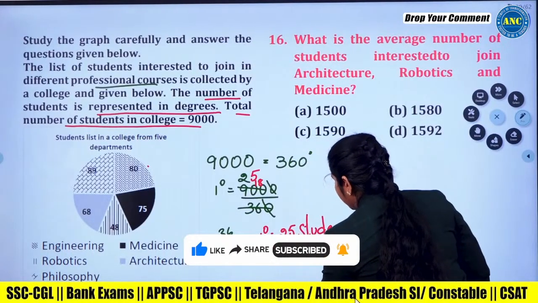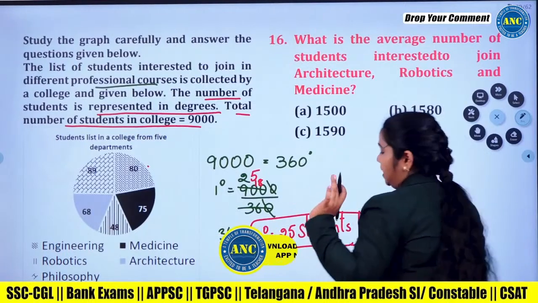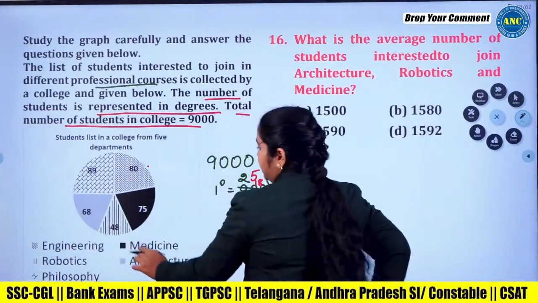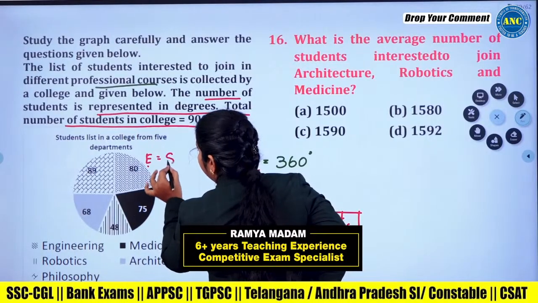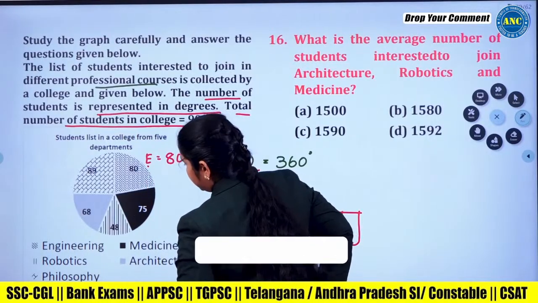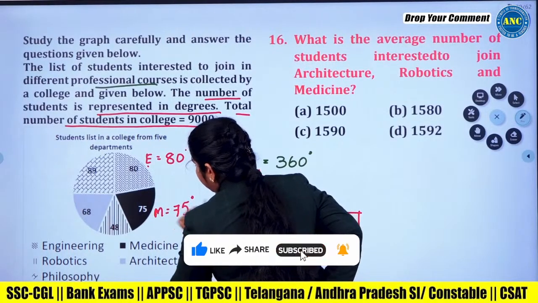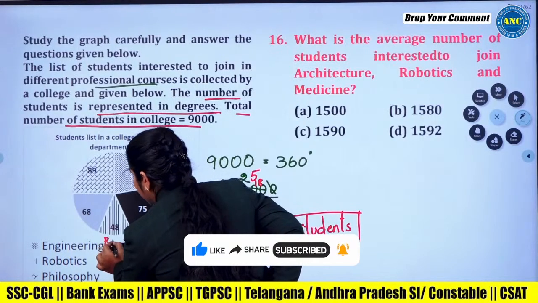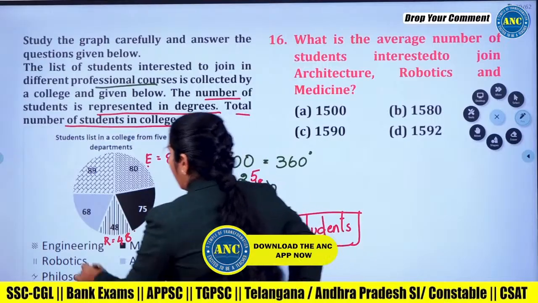Why did we do this is, this will make our things very simple. Okay, so I'll write this down. First, I'll write this data. In engineering, there are 80 degree students. In medicine, there are 75 degree students. Then comes robotics, 48 degree students.